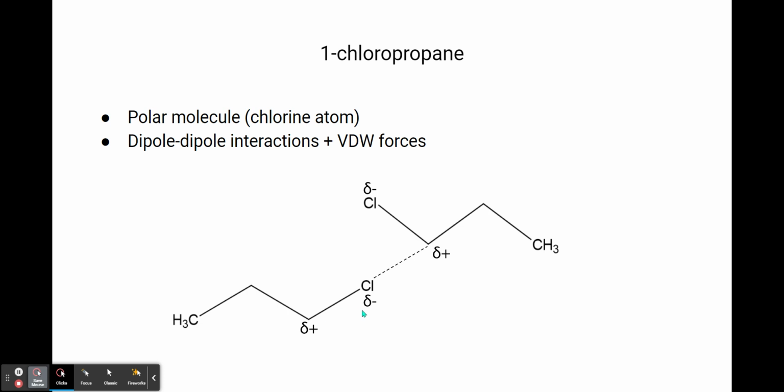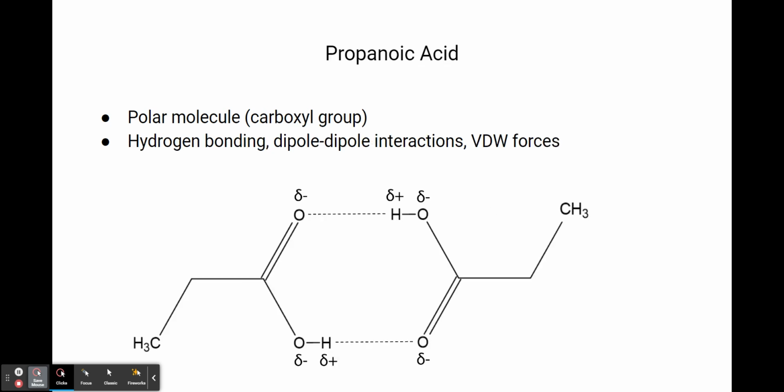Taking a look at 1-chloropropane, 1-chloropropane is also a polar molecule because of the chlorine atom in the carbon chain. And this chlorine atom allows for dipole-dipole interactions and van der Waals forces. And the dipole-dipole interactions occur between the partial negative chlorine atom and the partial positive carbon atom.